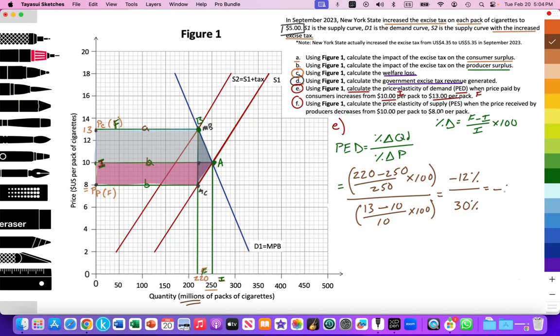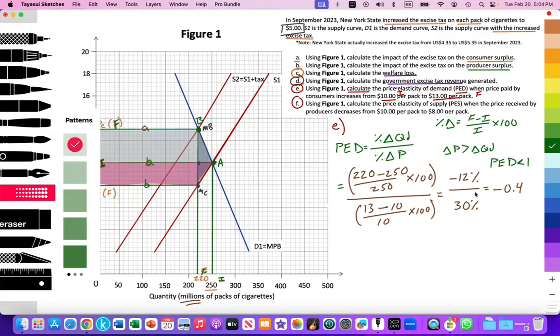So that equals negative 0.4. So PED, in this case, is inelastic. The PED is less than 1. We notice that the change in price is greater than the change in the quantity demanded. So it gives us a very steep demand curve due to its addictive quality.